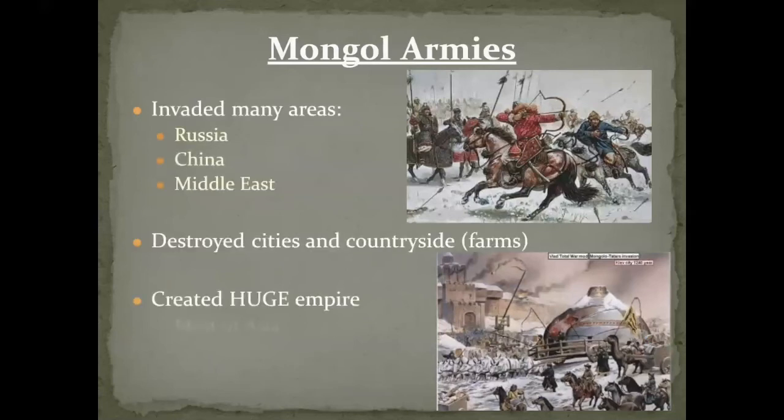So looking at Mongol armies, they invaded many areas such as Russia, China, and the Middle East. And they destroyed many cities and countrysides. We'll look at the Mongols a little bit more further along when we talk about Constantinople and the Ottomans. But they created a huge empire in most of Asia.